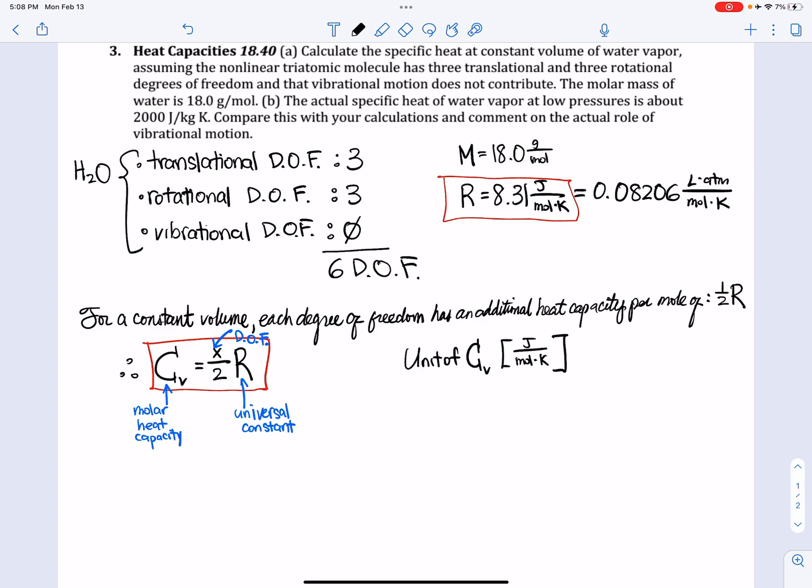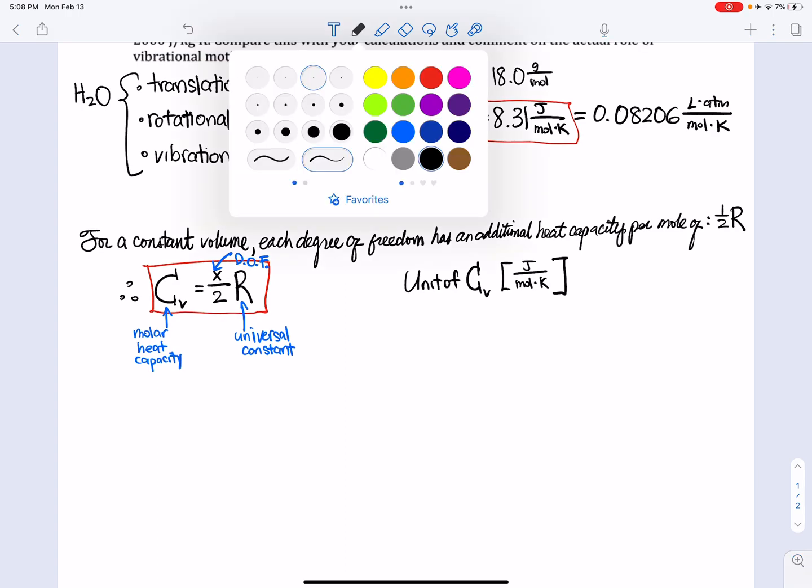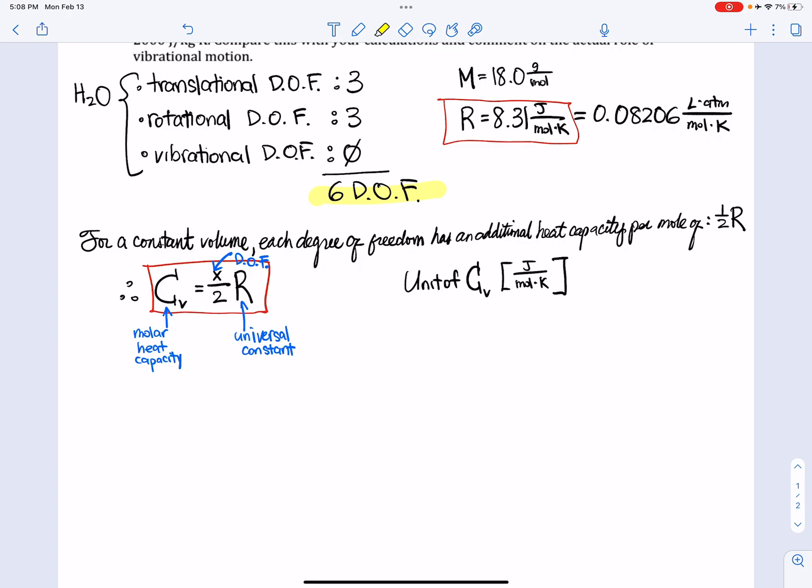Okay, so moving on, let's calculate the molar heat capacity. I know in total I have 6 degrees of freedom, right? So my x is equal to 6 in this problem. So I'll just plug that in. So my molar heat capacity is equal to 6 over 2 R, right?